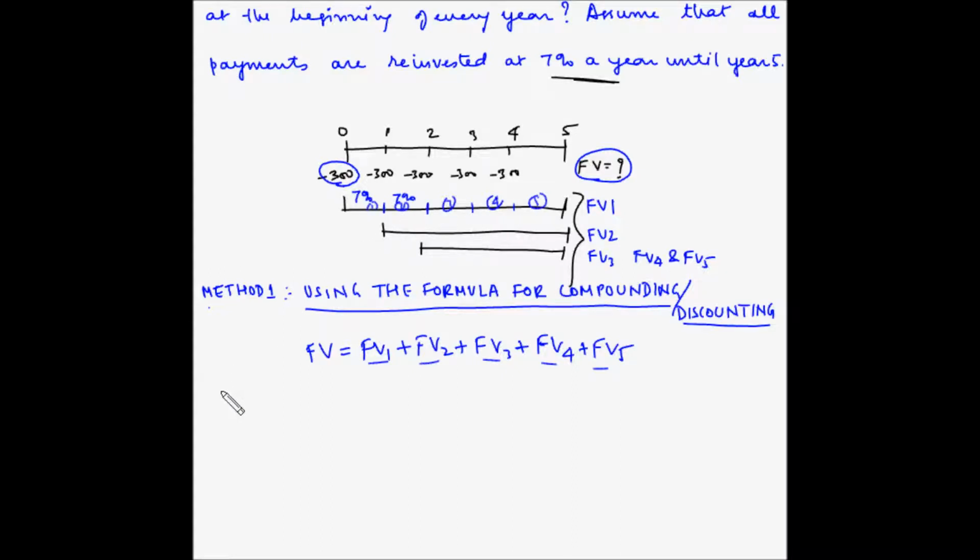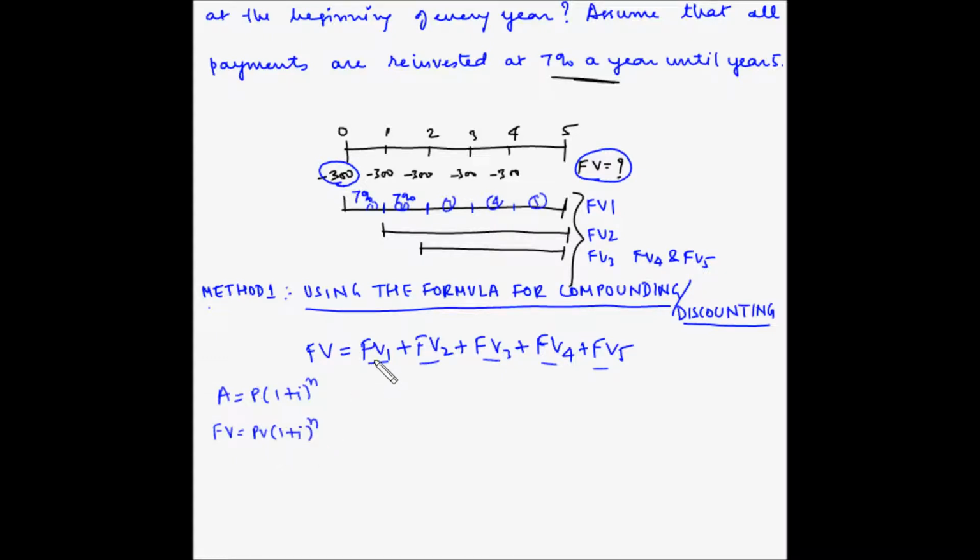The formula for compound interest is A is equal to P into (1 plus I) to the power n. A is the final amount at the end of the tenure. P is the amount which is being invested at the beginning of the tenure. N is the number of compounding periods and I is the rate of interest per compounding period. So we can rewrite this as future value is equal to present value into (1 plus I) to the power n.